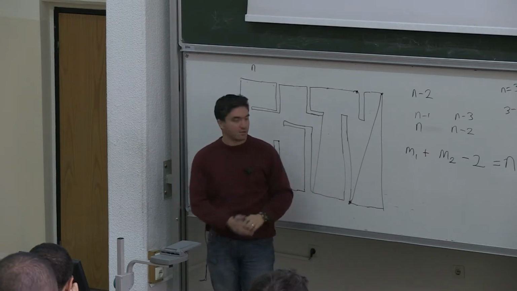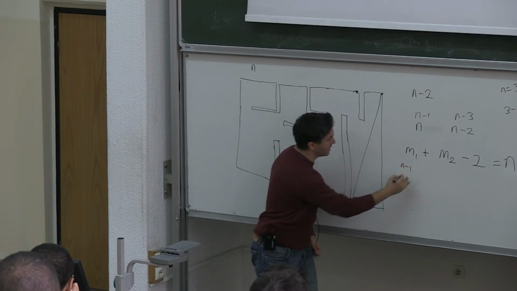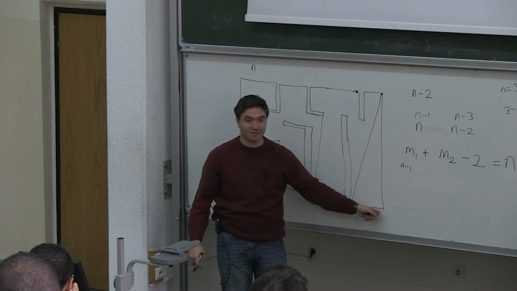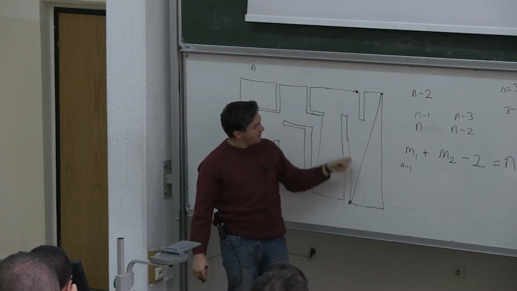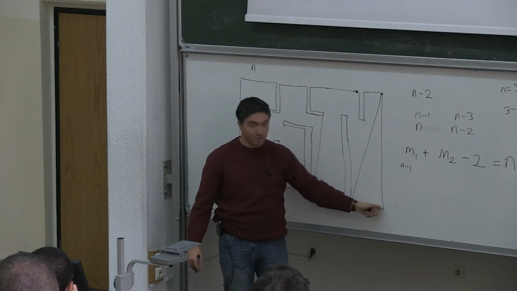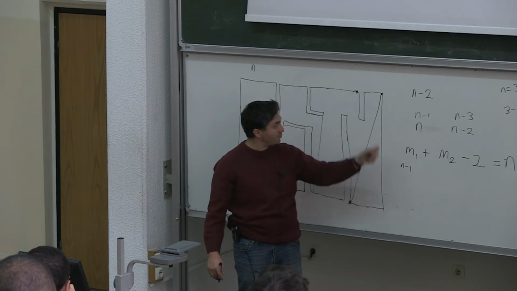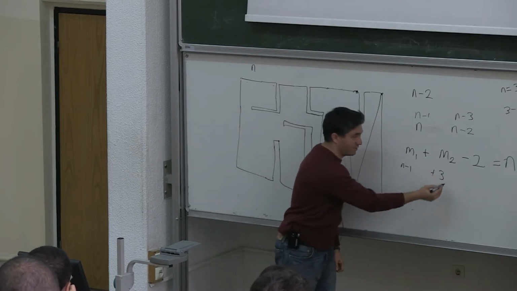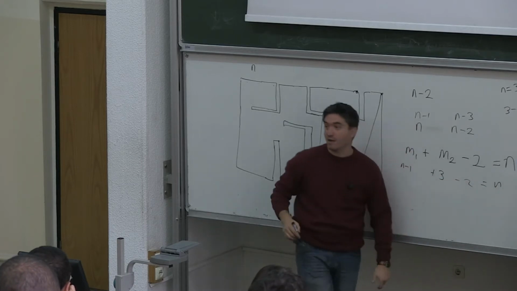So if I have this diagonal, m1 is going to be n minus 1, because I'm only missing this vertex. If I divide the polygon into two, in this large polygon, I'm only missing this vertex, so the number of vertices in this polygon is going to be n minus 1, and this one has 3 vertices. Subtracting 2 from this is going to give me this.